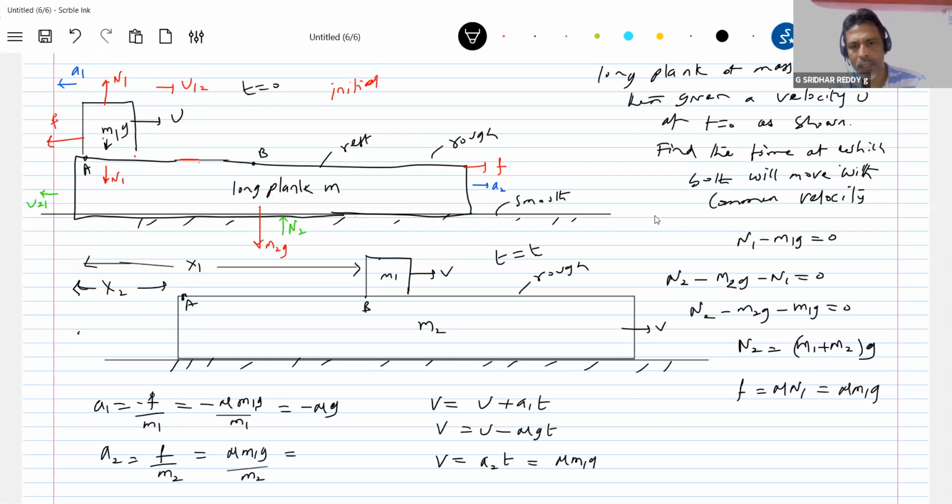Mu M1G by M2, into T. So let me equate these two equations, 1 and 2. Equating them, I get mu M1G T by M2 is equal to U minus mu GT.